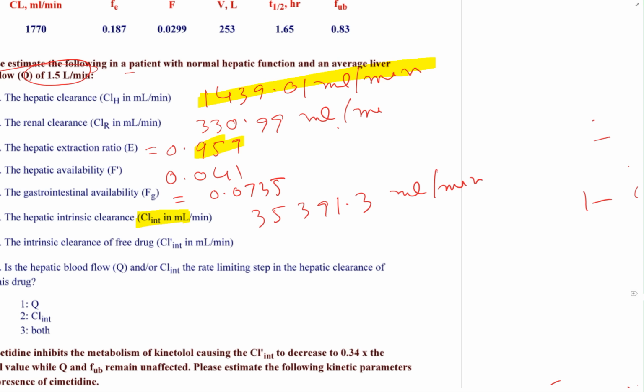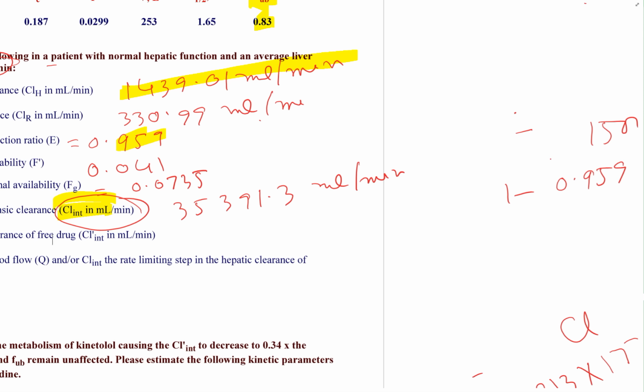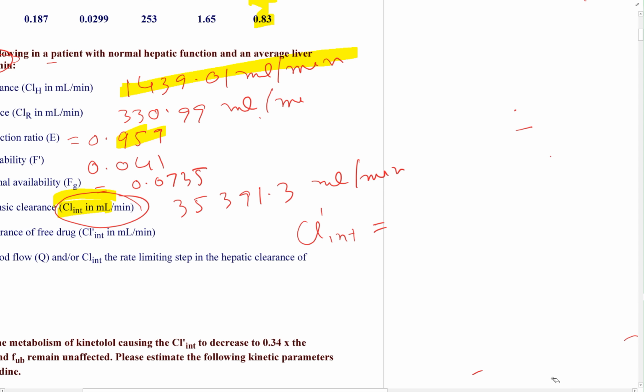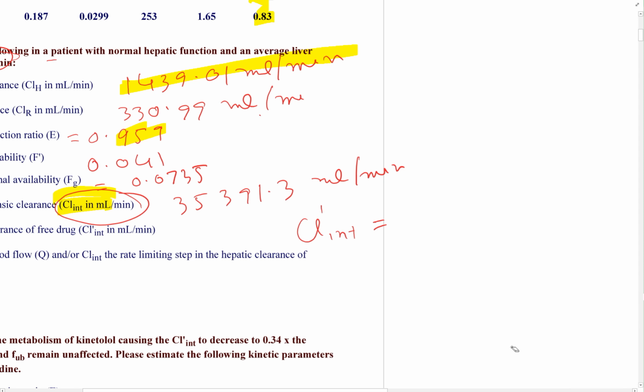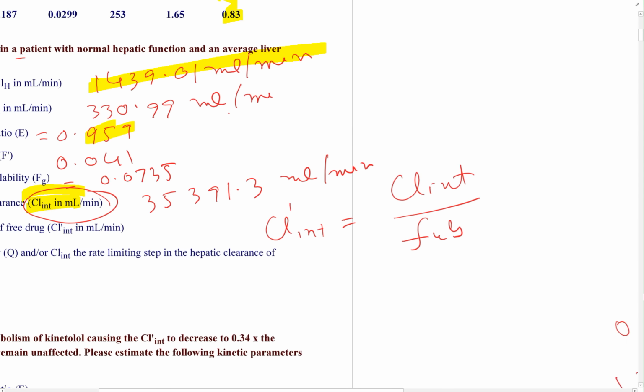If you go back, we have this data, so we know CLINT. We just calculate CL prime INT is equal to CLINT divided by FUB, the fraction unbound, or fraction of free drug.